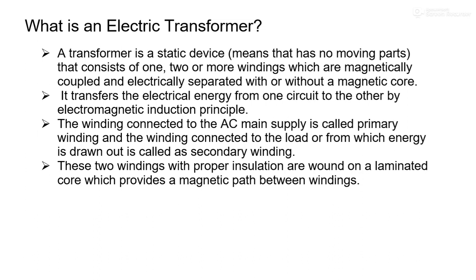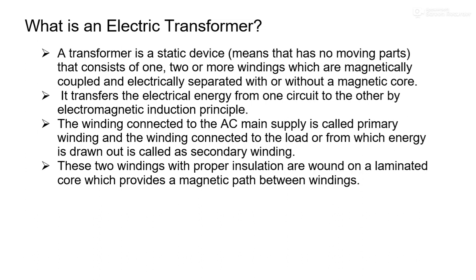So repeat, a transformer is a static device that consists of one, two or more windings which are magnetically coupled and electrically separated. Focus on these words: magnetically coupled and electrically separated. Electrically separated, there will be no wired connection between the two circuits, or two coils here.